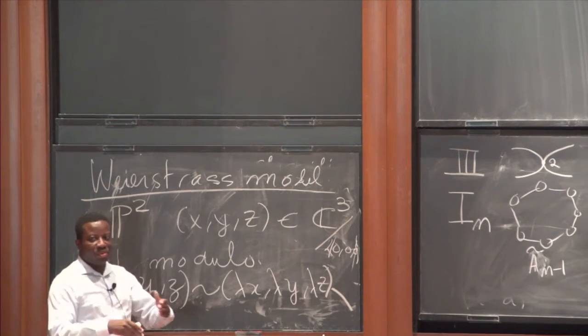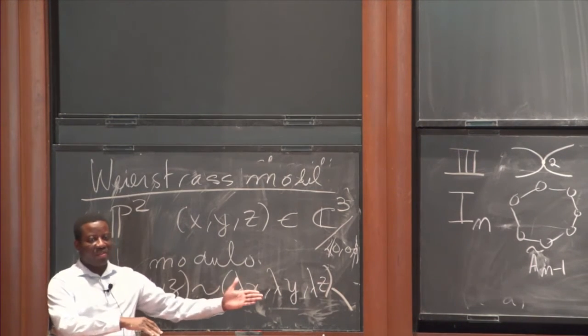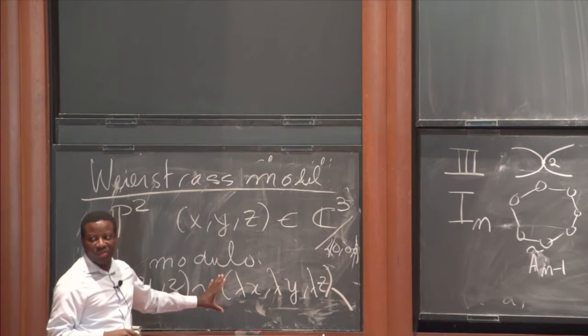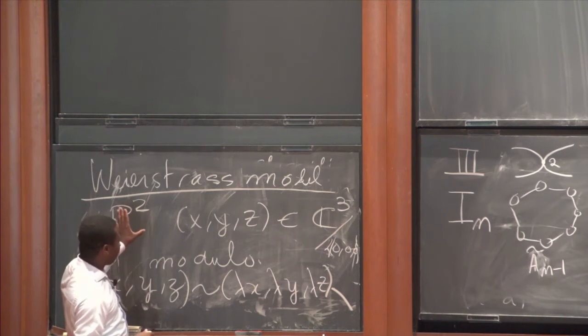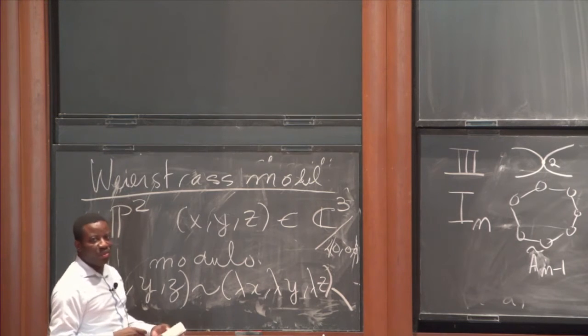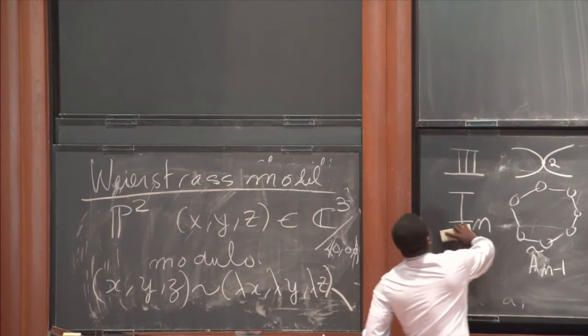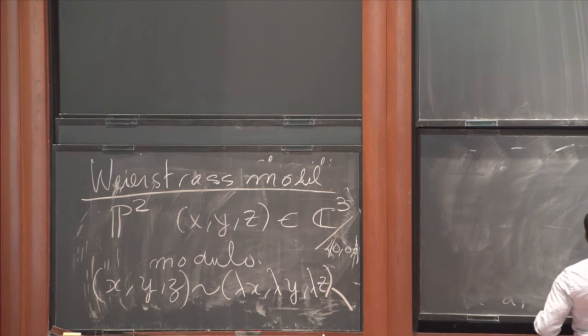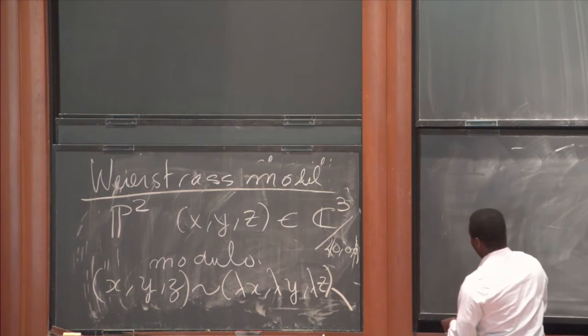In other words, you just look at the direction you have in the space, and the scaling does not matter. So all the equations that you write in a projective space have to be homogeneous equations. Now a cubic equation that is a Weierstrass model has the following form.